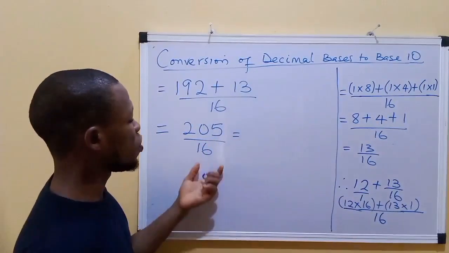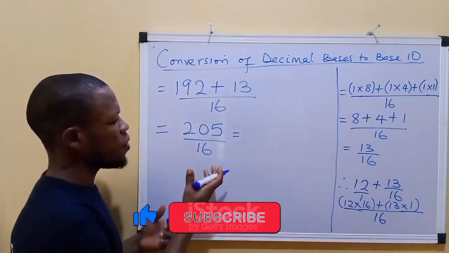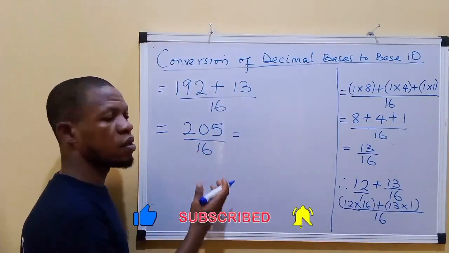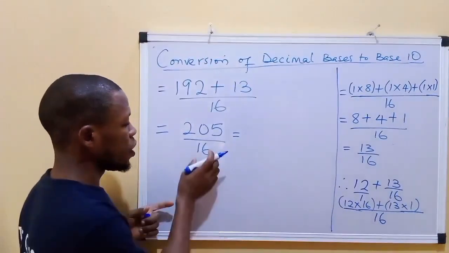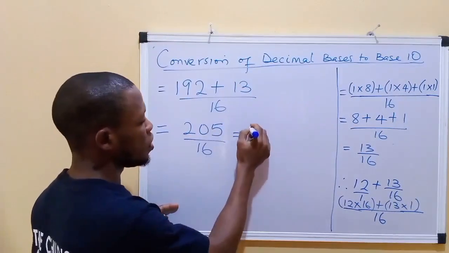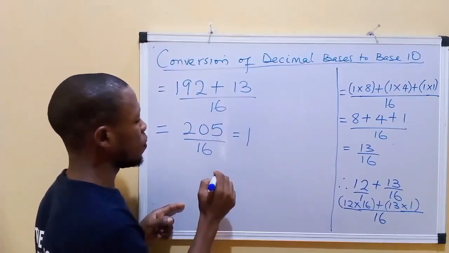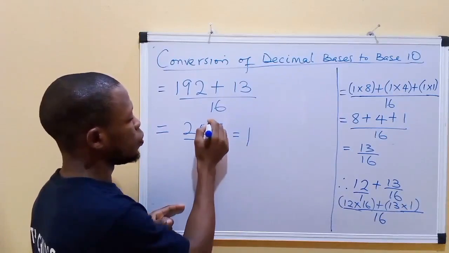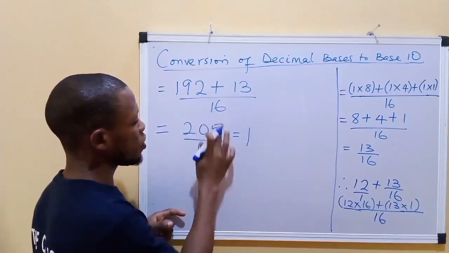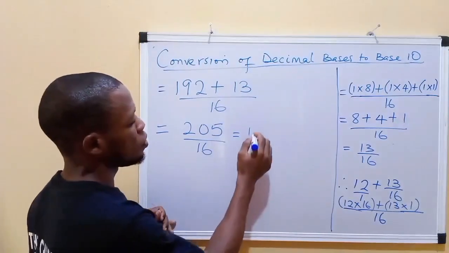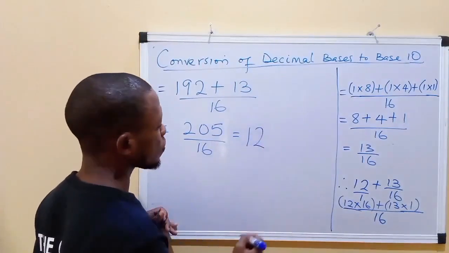Now let's see if we can reduce to the lower term. There's no common factor between 205 and 16, so we simply convert to mixed fraction. 16 into 20 gives us 1, remainder 4. We put that 4 here, that gives us 45. 16 into 45 gives us 2.